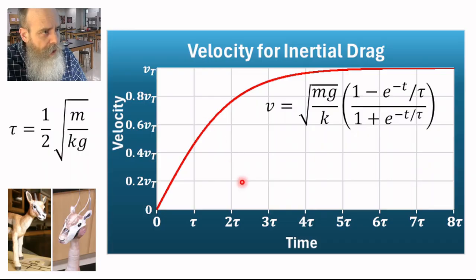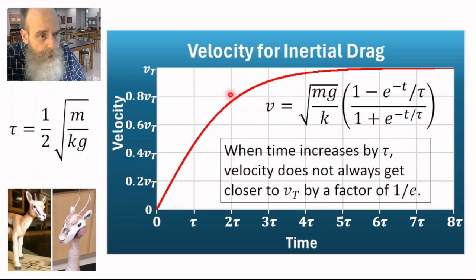When t equals 2 tau, it is at 0.76 vt. If it was getting closer to vt by the factor of 1 over e, each time we change the time by tau, it would be at 0.86 vt. So, when the time increases by tau, the velocity does not always get closer to vt by a factor of 1 over e. That only happens for large times greater than 9 tau.